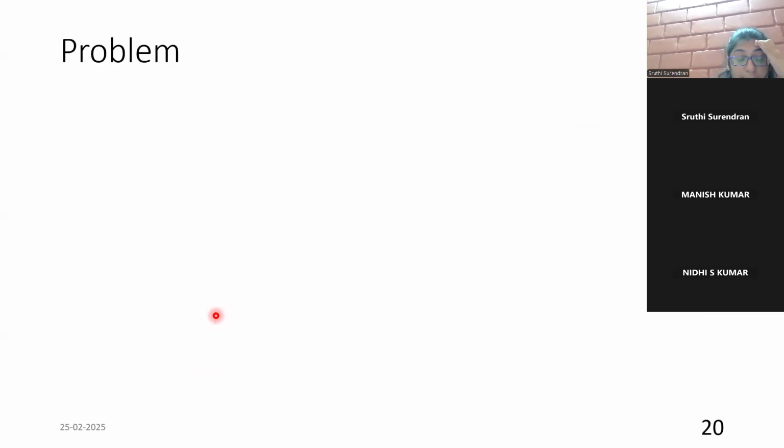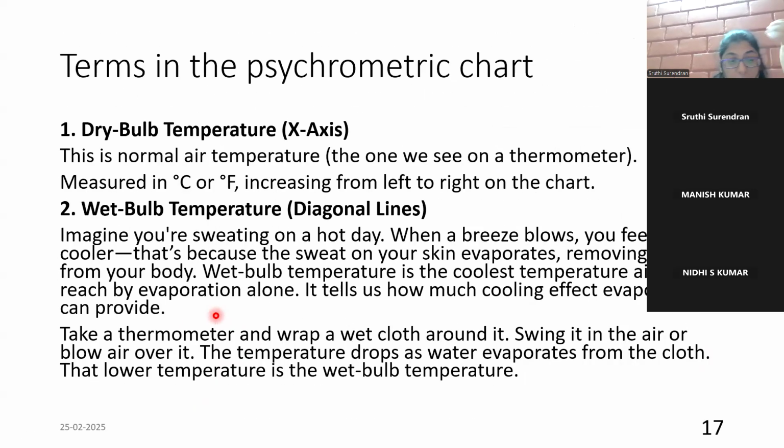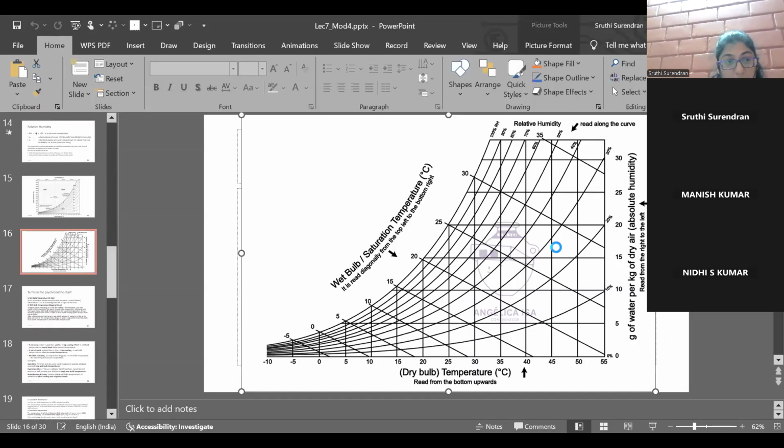Now, in order to have more understanding about this, I will provide this chart in the chat, and using this chart, you will have to solve some problems just to familiarize ourselves with using this.